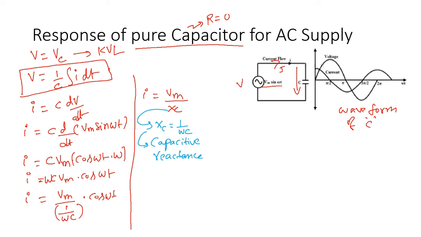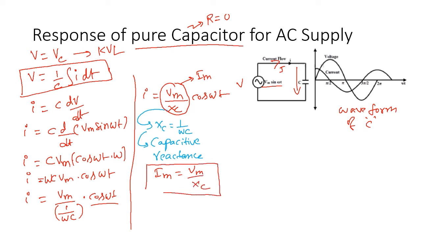Then what is left here is cos omega t. Also, this can be written as Im, so Im is equal to Vm by Xc. So what is the final equation? I is equal to Im into cos omega t.